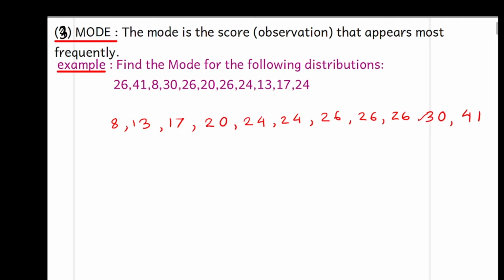Now what is the highest occurrence? See, 24 is coming 2 times, but 26 is coming 3 times.